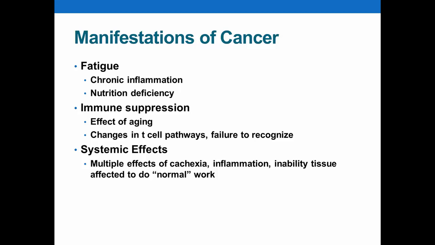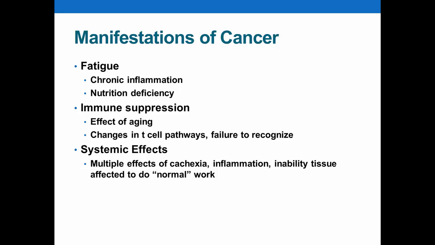With immune suppression, we think about the effect of aging. Remember that accumulation we talked about earlier? As we get older, that accumulation of altered genes gets higher. We also know that as we get older, our immune surveillance isn't as strong.